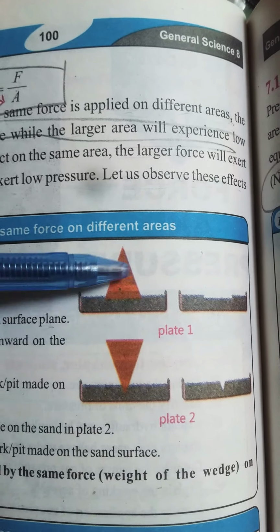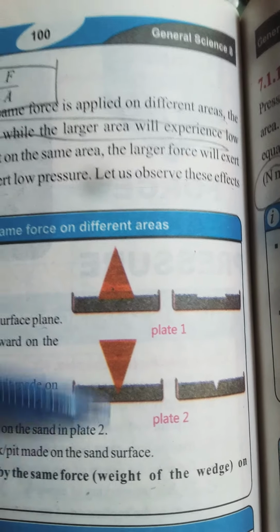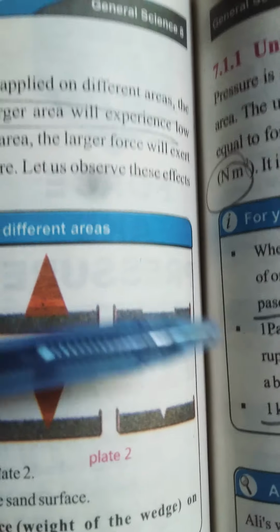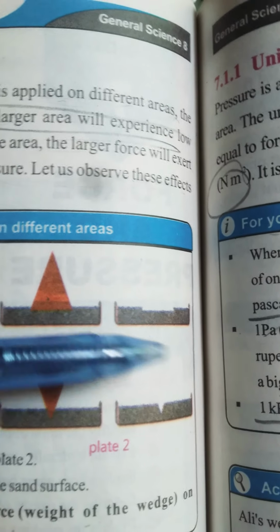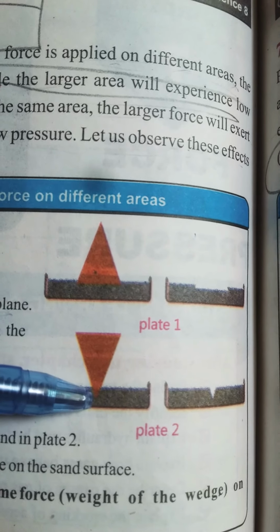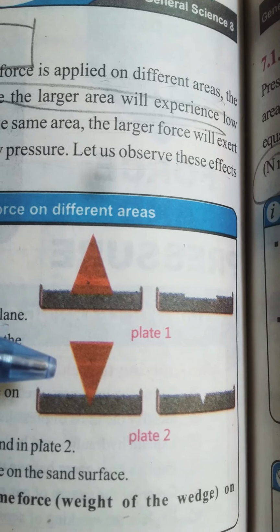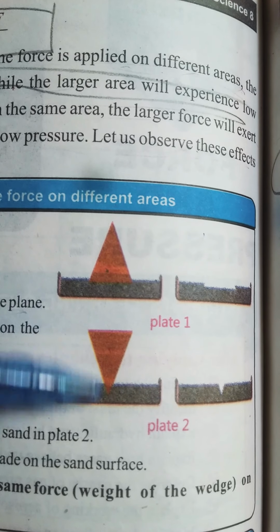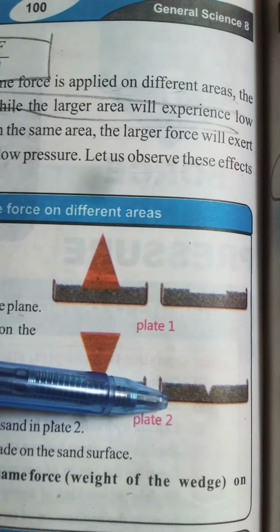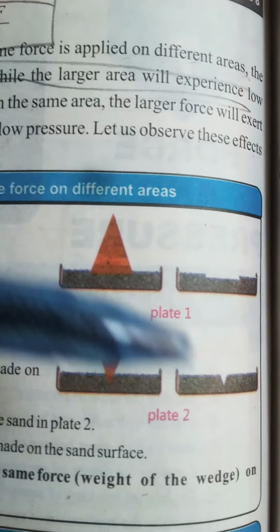Here you can see that we have made the surface plane, and when we place the wedge on this with the broader edge downward, there is less change or less depth in the wet sand. And when we put the wedge with its narrow edge toward the sand, it will produce more depth in the sand.